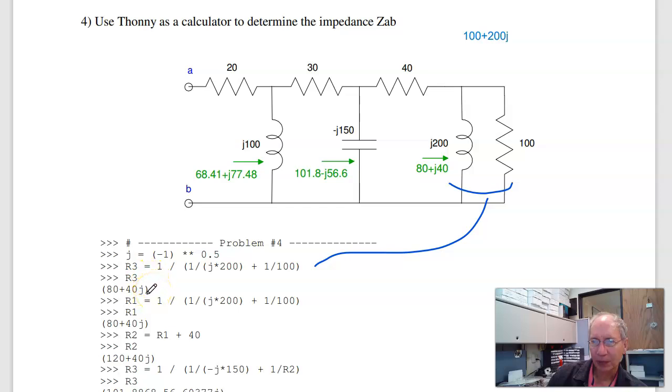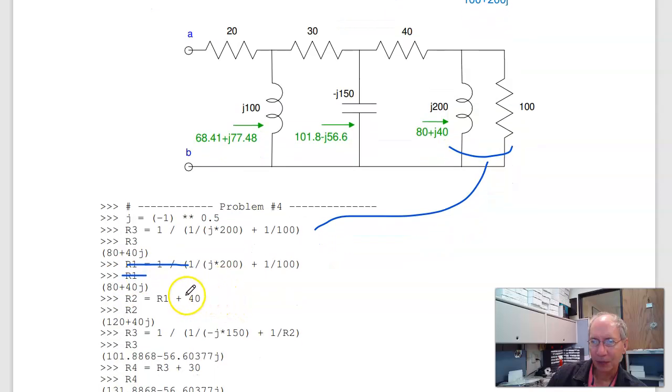R2 is that plus 40, 120 plus j40 ohms. That in parallel with minus j150. So that's 1 over minus j150 plus 1 over R2. Take the inverse. All this looking right is 101 minus j56.